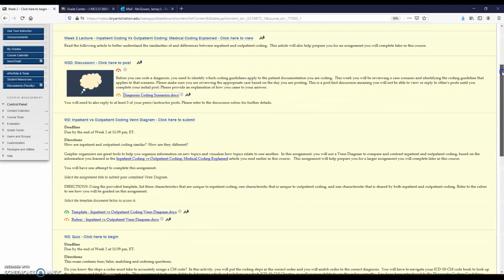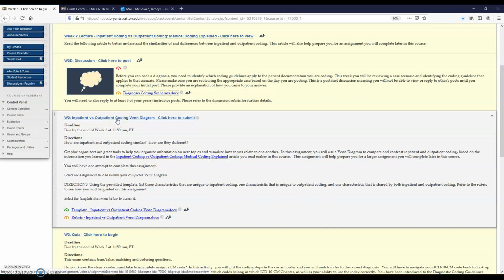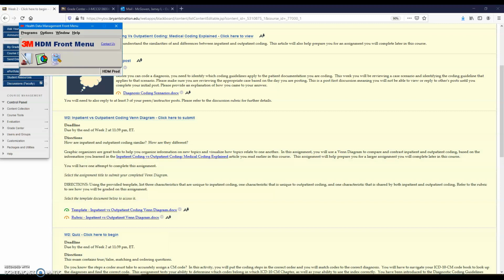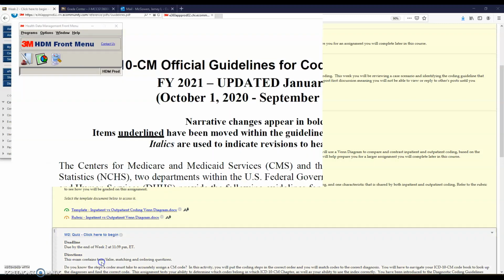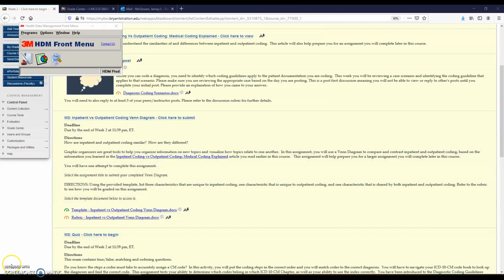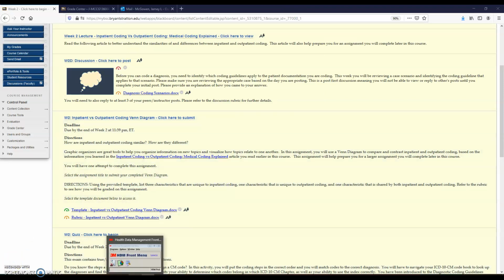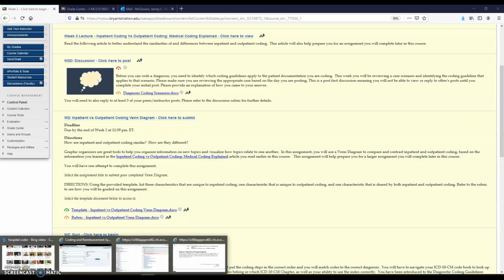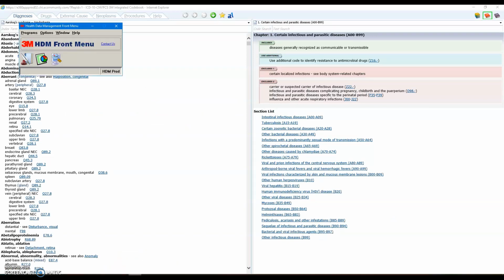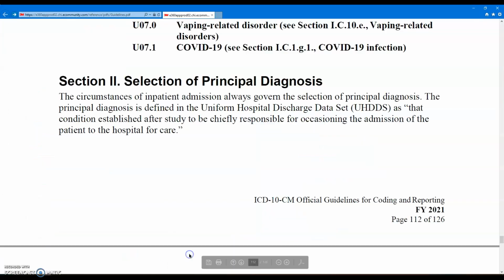The second assignment this week is going to cover inpatient and outpatient and explaining the differences. The main resource that you want to use for this assignment is going to be your coding guidelines that are in the front of your ICD-10 manual. To see the differences between the inpatient coding and outpatient coding, this is going to consist of reading your coding guidelines.